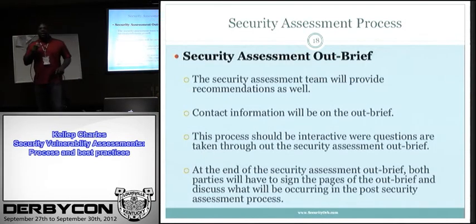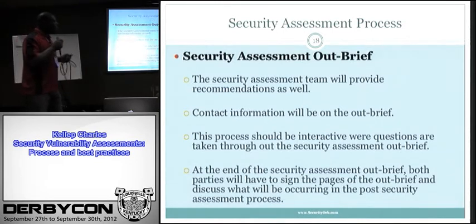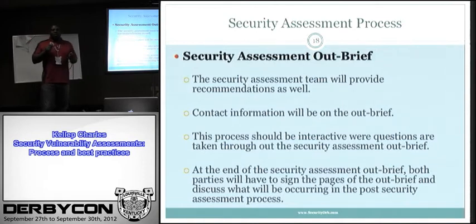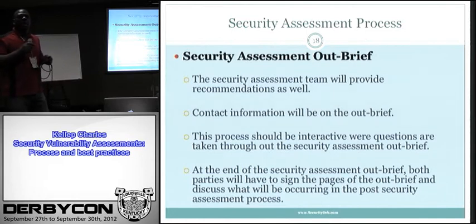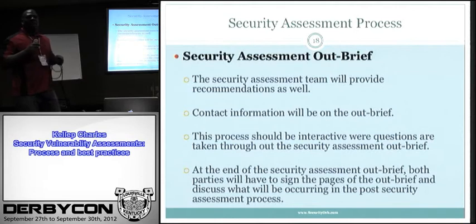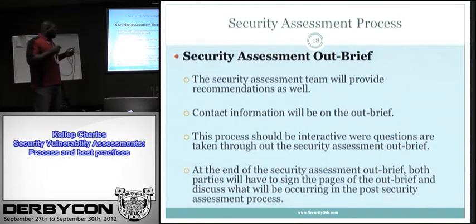And then we conduct the Outbrief. The technical assessment report and the Outbrief document are connected together. At the Outbrief, we talk to all interested parties. It's more of an interactive situation where we talk about our findings, the difficulties in the situation, and any concerns.